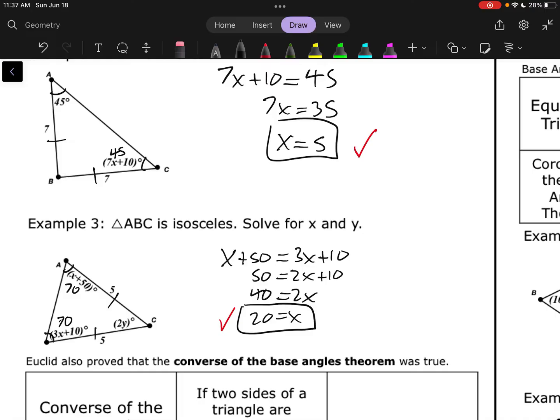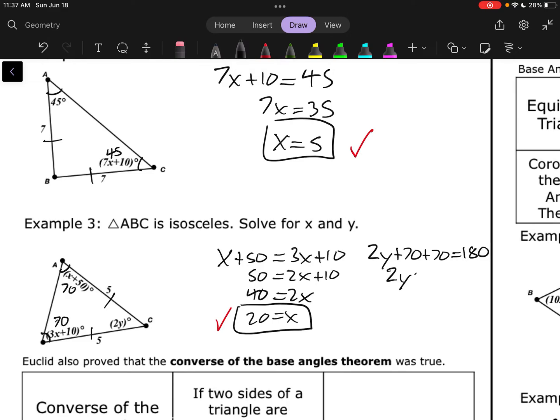And now we got to remember the triangle sum theorem. The triangle sum theorem says that if I add up the 2y, the 70, and the 70, that's got to be equal to 180, right? All three interior angles have to add up to be 180. We proved that in a previous video. So that means 2y plus 140 is equal to 180.